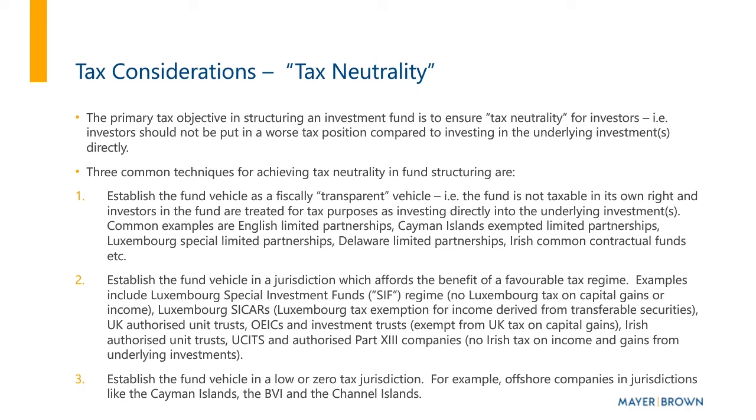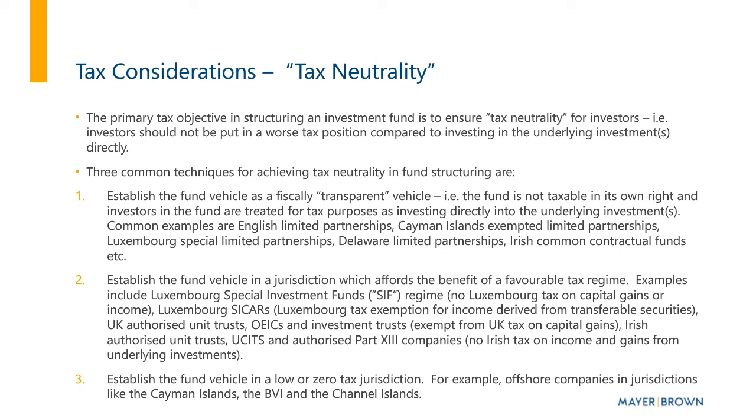If that were the case, the second option is to look at using a fund vehicle in a country with a favourable double tax treaty, typically Luxembourg CIFs, where there's no tax from Luxembourg for capital gains or income. There's a variety of others as well.